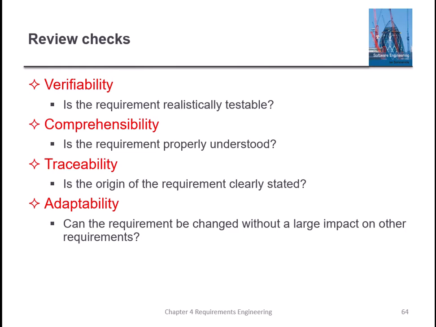because later, after requirement engineering, comes the design phase, and for the design phase traceability and adaptability are very important. Without traceability, we cannot finalize the software architecture and then the design.